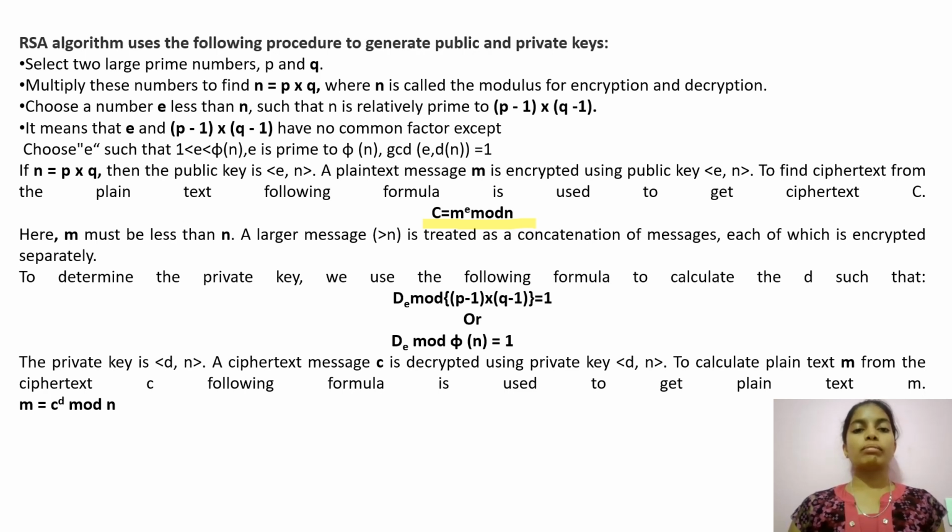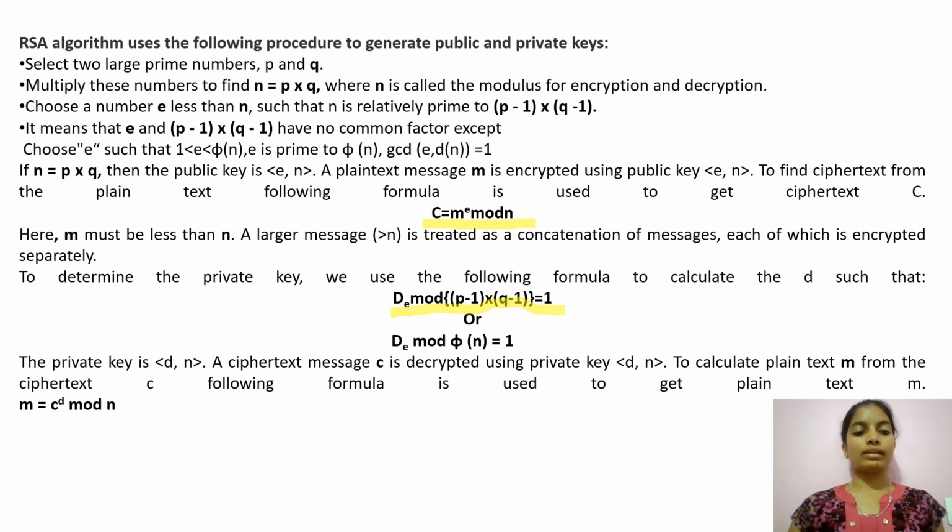Now to determine the private key, we use the following formula: E D mod (P minus 1 into Q minus 1) is equal to 1, or E D mod phi of n is equal to 1.